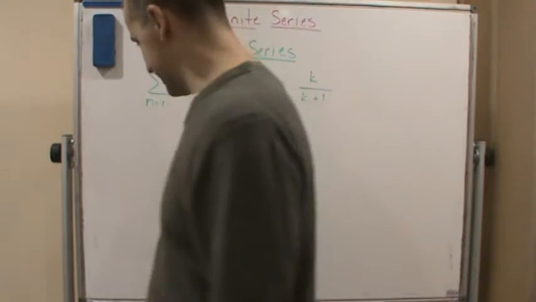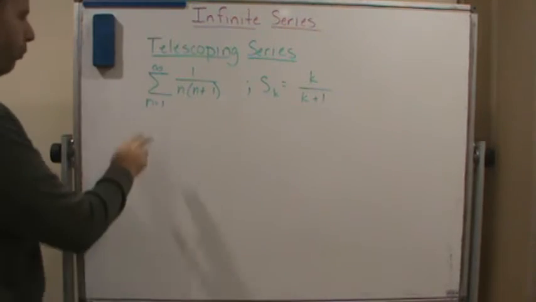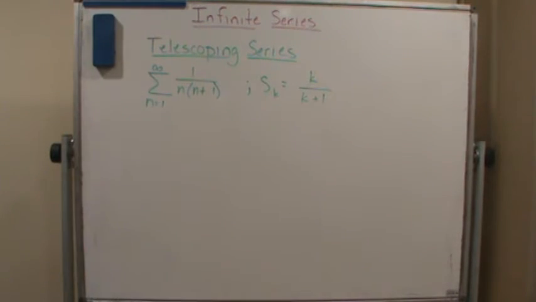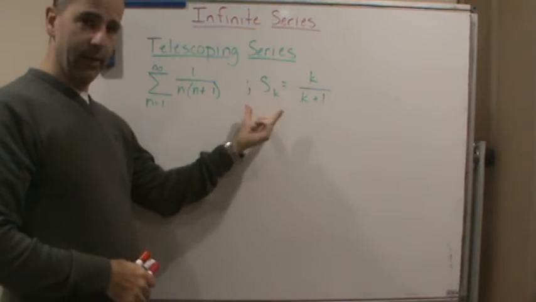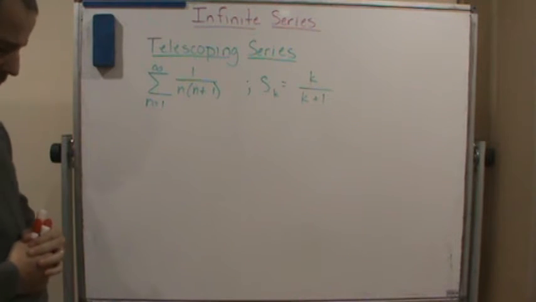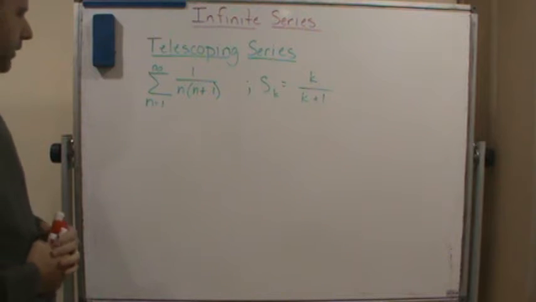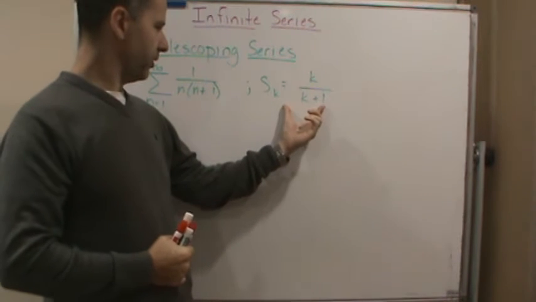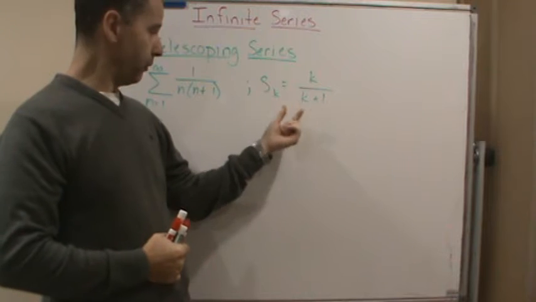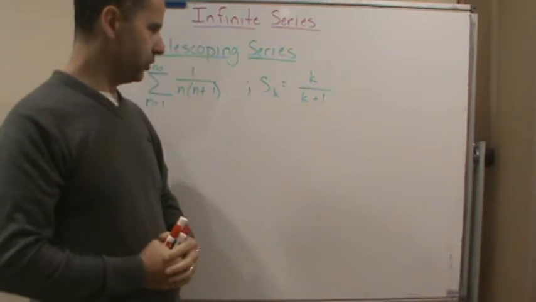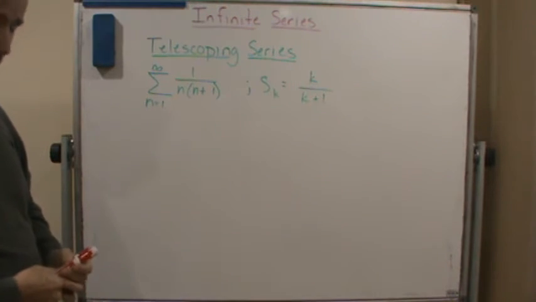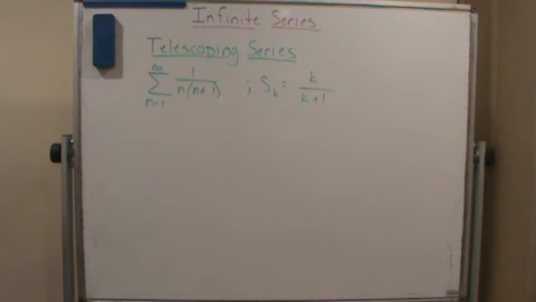So let's look at an example. Here's one that we looked at before. This is the series that had a really interesting result. Remember, we represented the partial sum, and we found that the partial sum is equal to k over k plus 1. If we write out several of the partial sums, like we did before, what do we get?